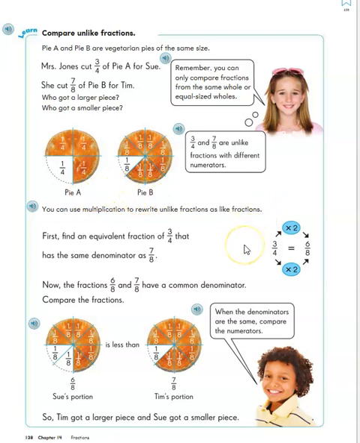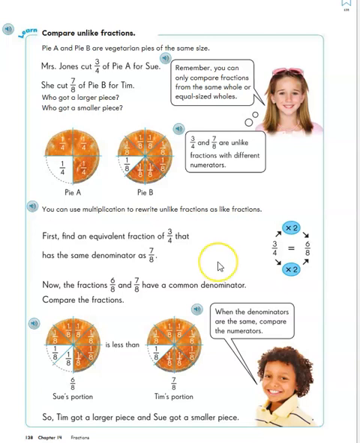But a really easy way that we can begin to understand how to compare unlike fractions is we can use multiplication. And when we use multiplication, all we have to do is rewrite them as like fractions.